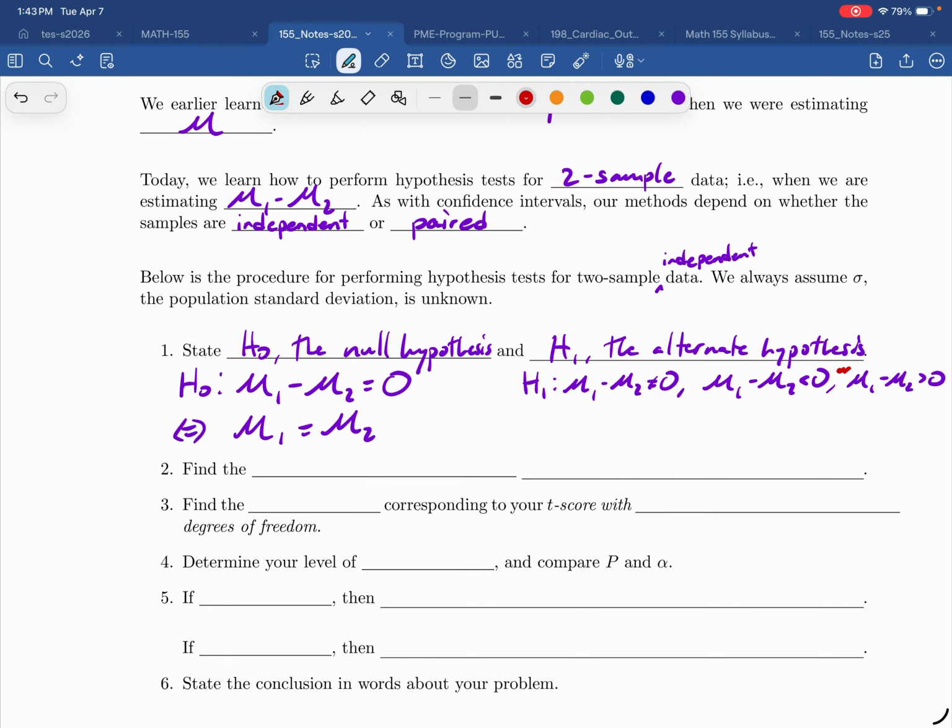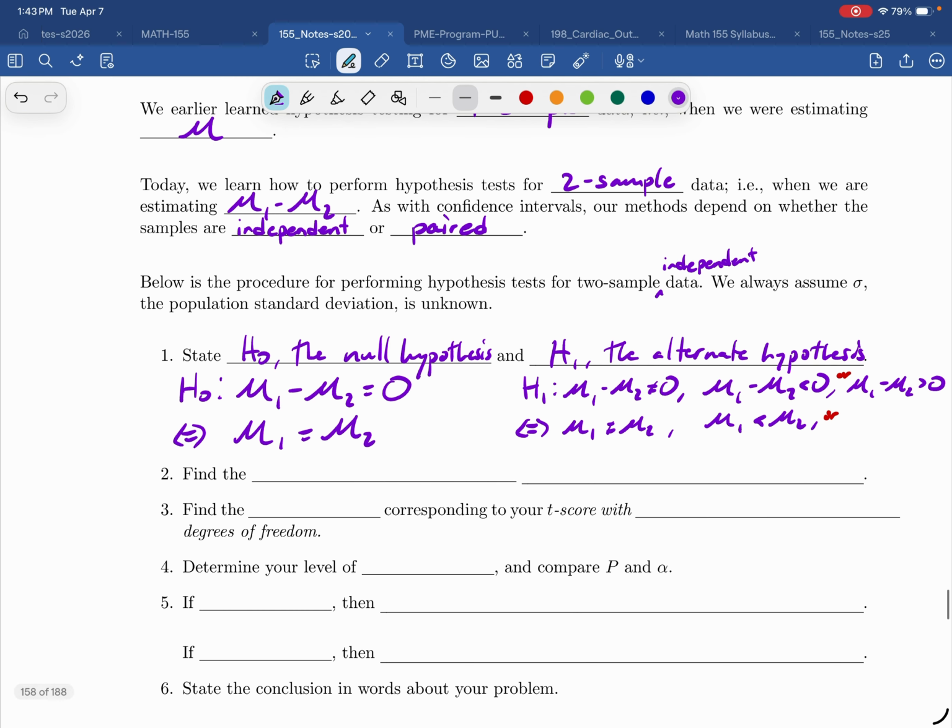So anyway, this is equivalent to saying mu1 does not equal mu2, mu1 is less than mu2, or mu1 is greater than mu2. So you might see them written either way. I'm typically going to write them as a difference, like this minus that equals or not equals or whatever. But you write them however you want.